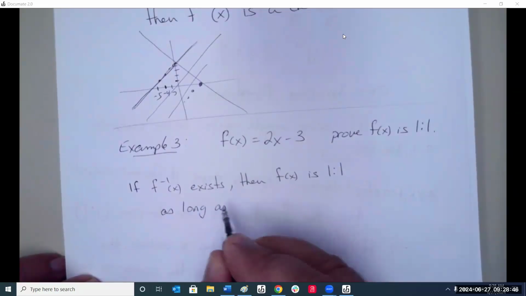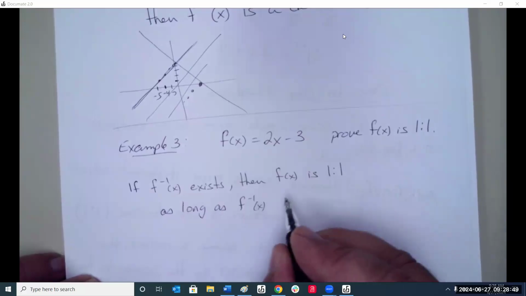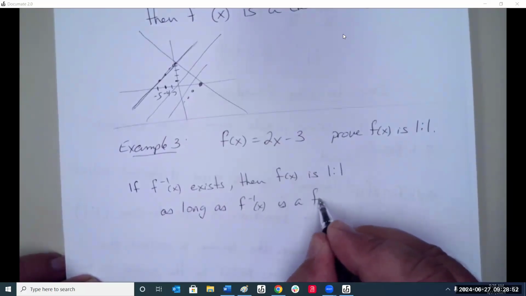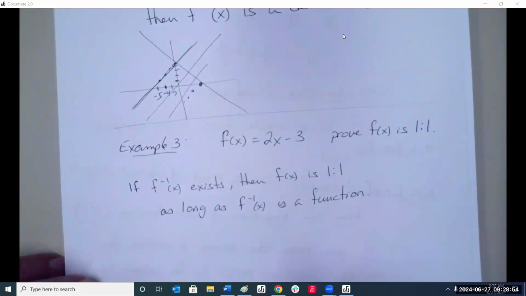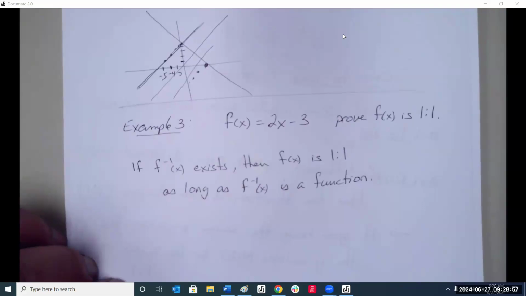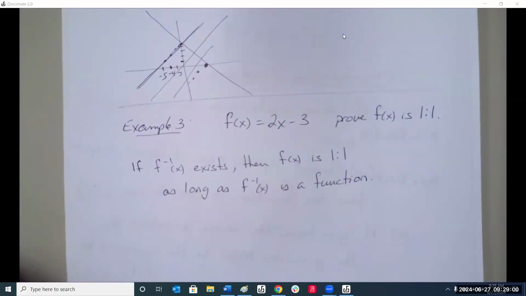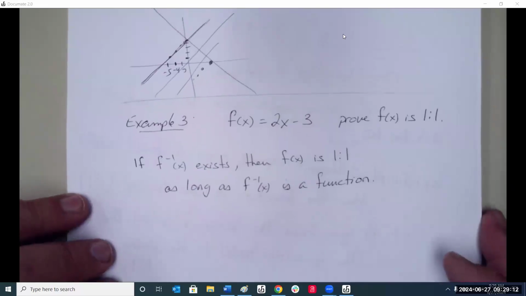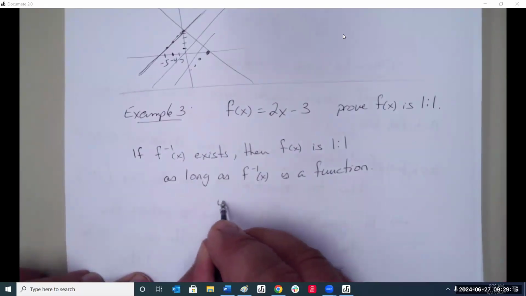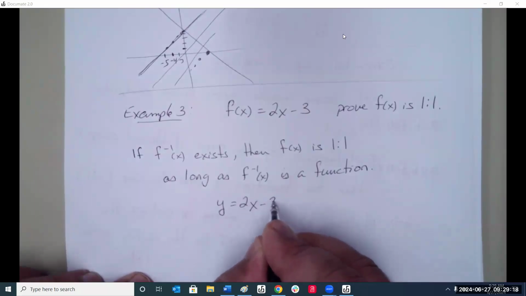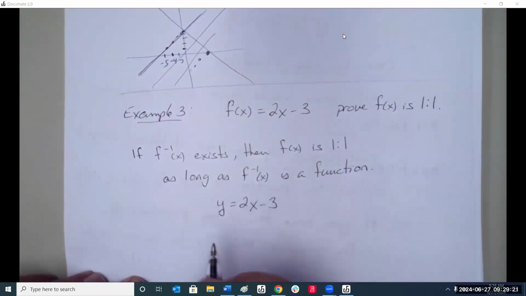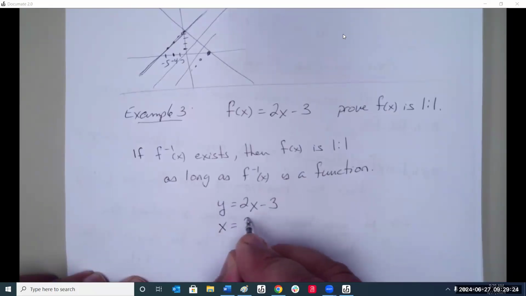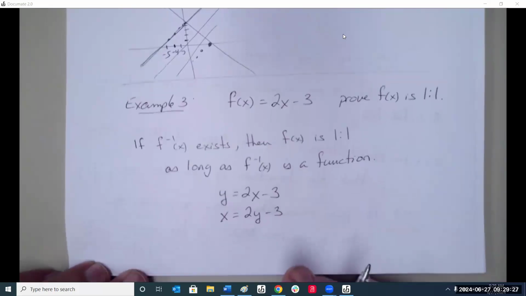As long as the inverse is a function. Remember, a function has to pass the vertical line test. So y equals 2x minus 3. To find the inverse, switch x and y and solve for y.